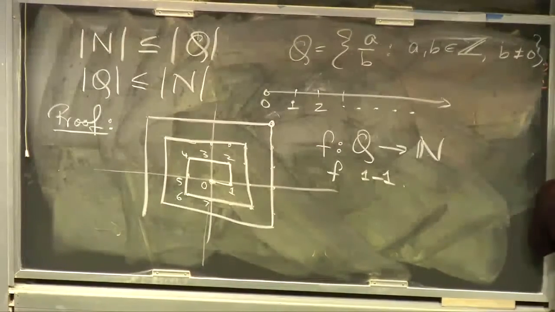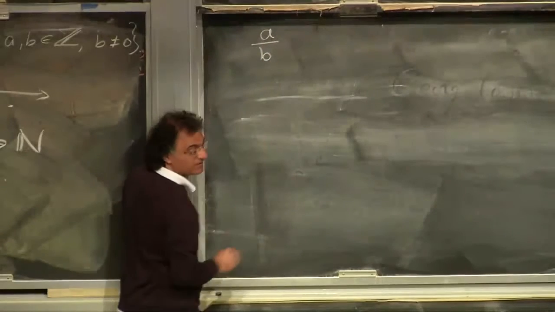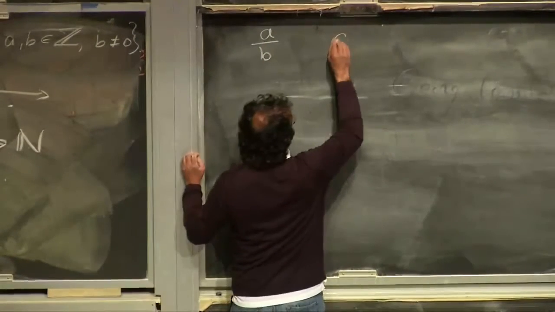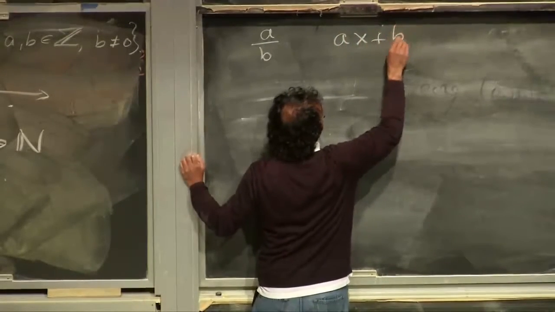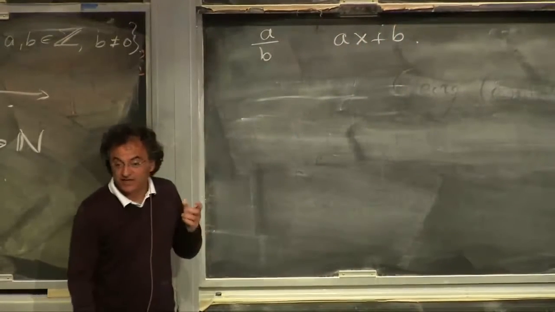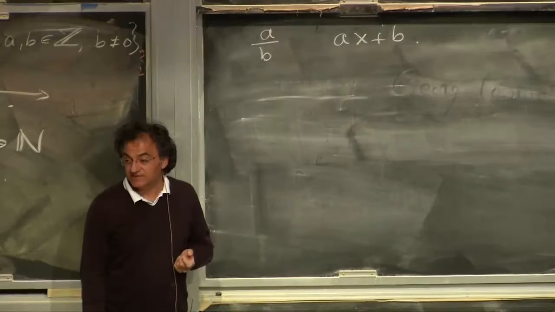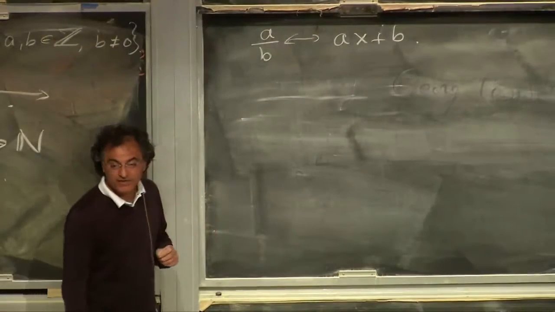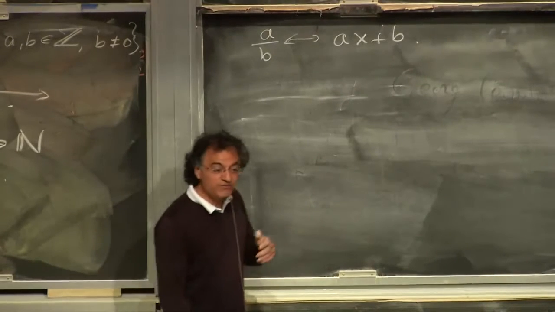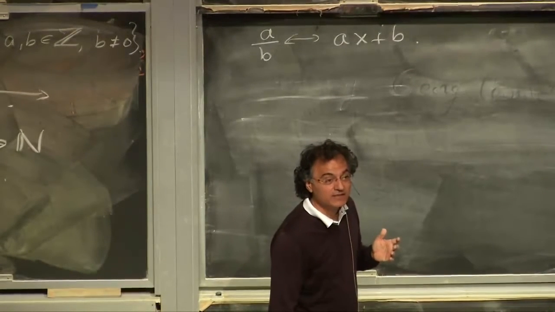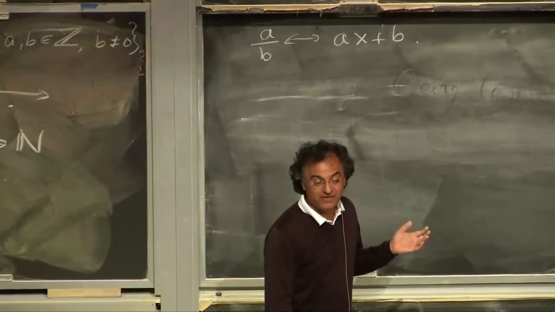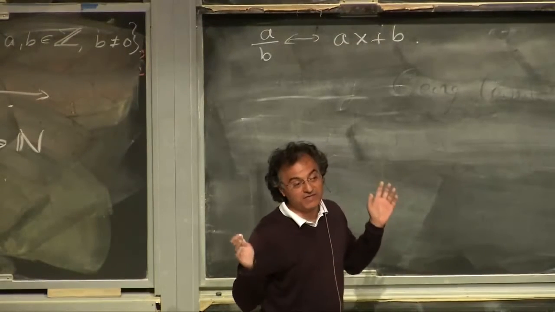So if you have something of the form a over b, we can write that as ax plus b, where a and b are integers. So there's sort of a correspondence between these two. Okay? Now, what if instead of that, we looked at polynomials of every degree? Not just degree 1, but any degree at all.